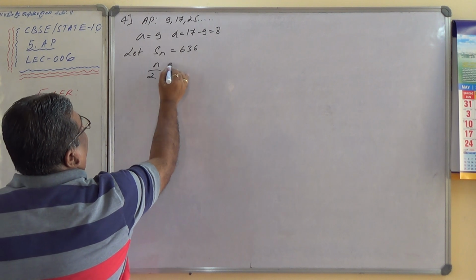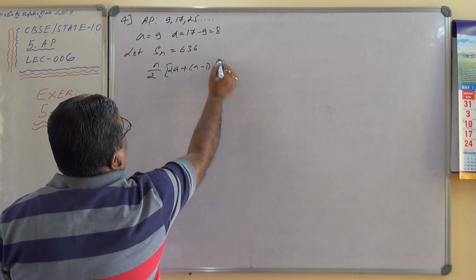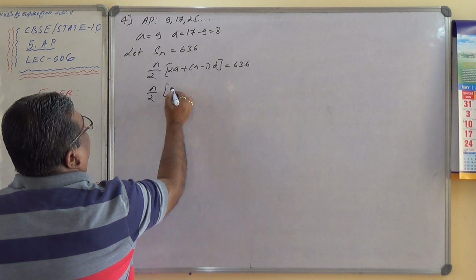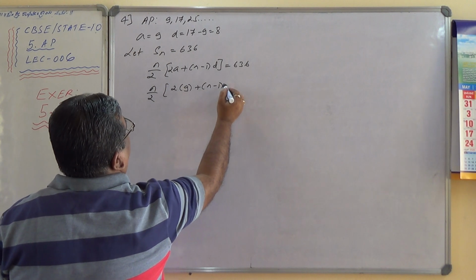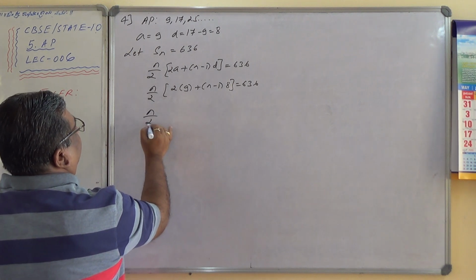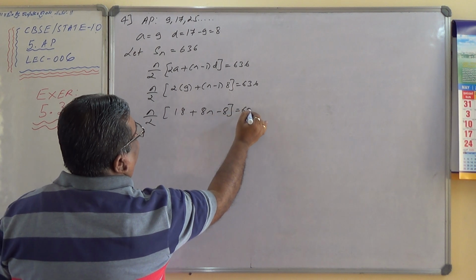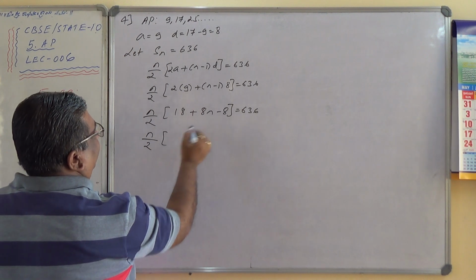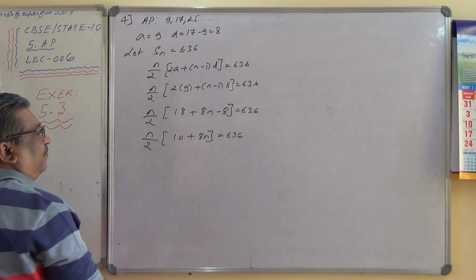Therefore n by 2 into bracket 2a plus n minus 1 times d equals 636. 2 times 9 plus n minus 1 times 8 equals 636. n by 2 times 18 plus 8n minus 8 equals 636. n by 2 times 10 plus 8n equals 636.